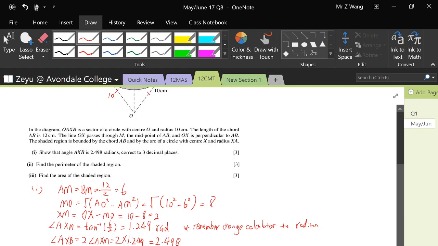So this shows the formula is r theta. If you use the formula, that's still the same because the 2 pi cancels out. So it's 2.498 times the square root of 2 squared plus 6 squared.